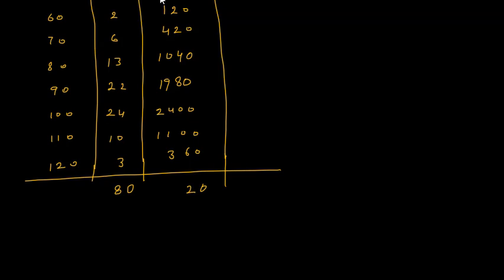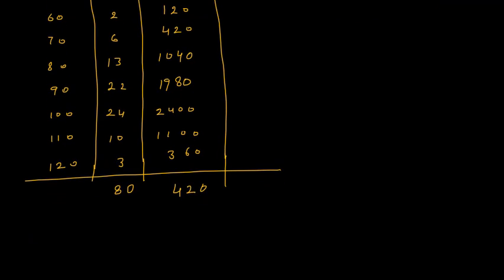Then 2, 2 plus 1 is 3, 3 plus 4 is 7, 7 plus 9 is 16, 16 plus 4 is 20, 20 plus 4 is 24. Then at thousand place we have 2.